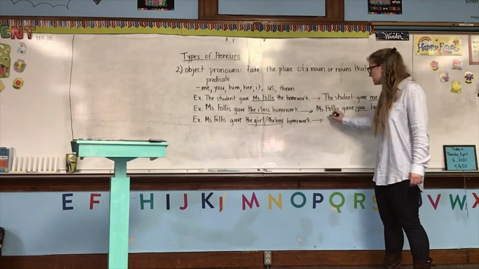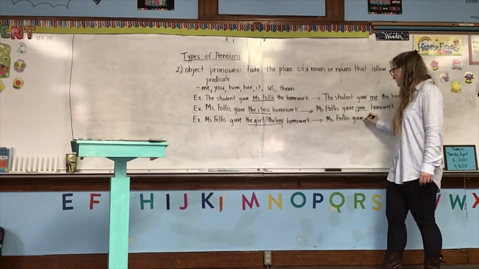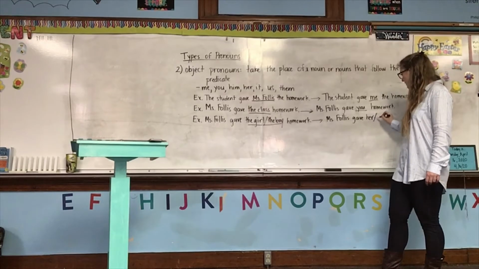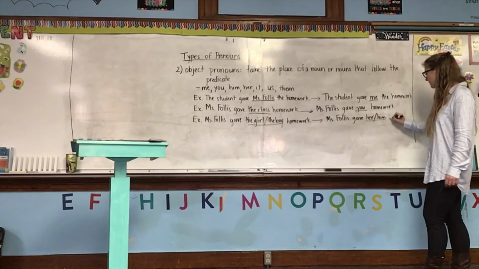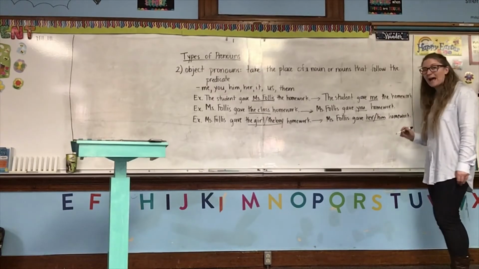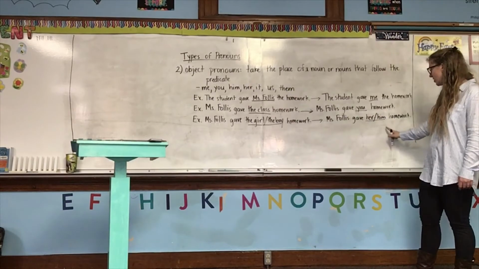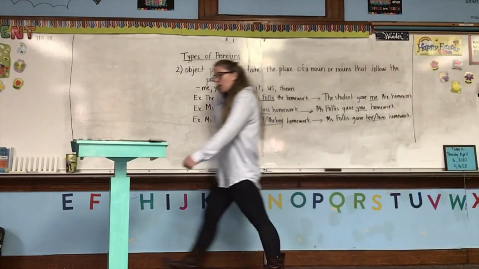I would say Miss Folis gave her the homework or gave him the homework. It would sound weird if you said Miss Folis gave she homework or Miss Folis gave he homework. So you have to say her or him.